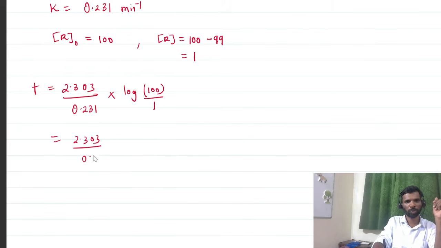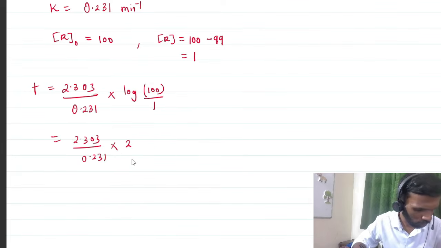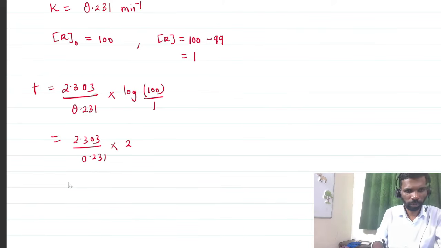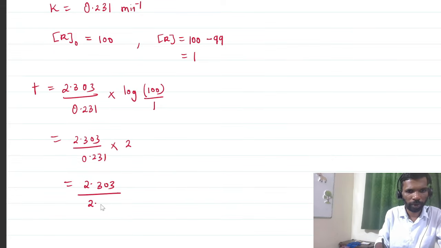2.303 upon 0.31 into log of 100 is 2. So when you solve this, if you can do partly some approximation, you really don't need to solve this using the traditional method.